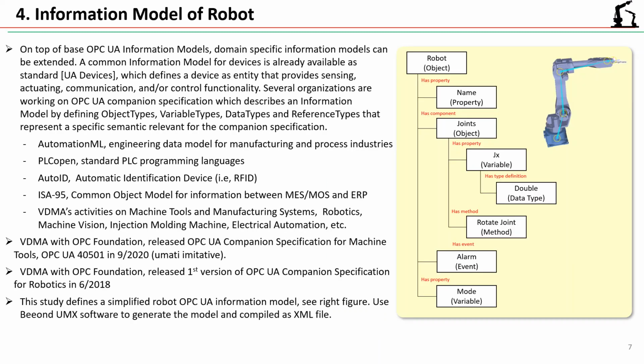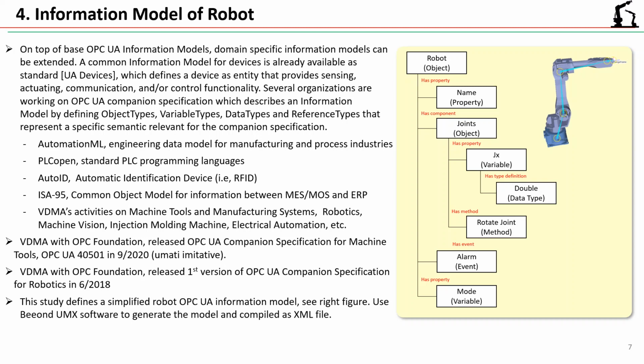On top of the base OPC UA information model, we can define and extend domain-specific information models for devices, controllers, machinery, and MES or ERP systems.